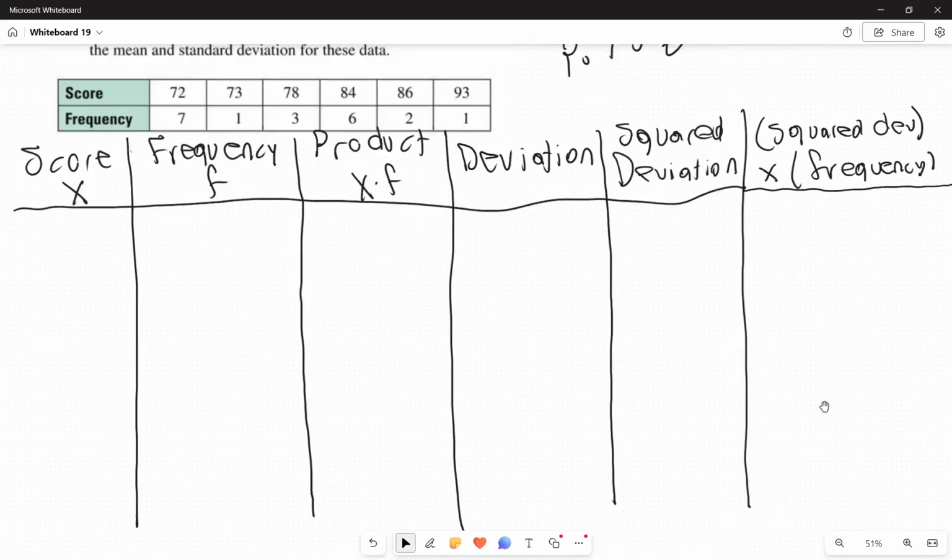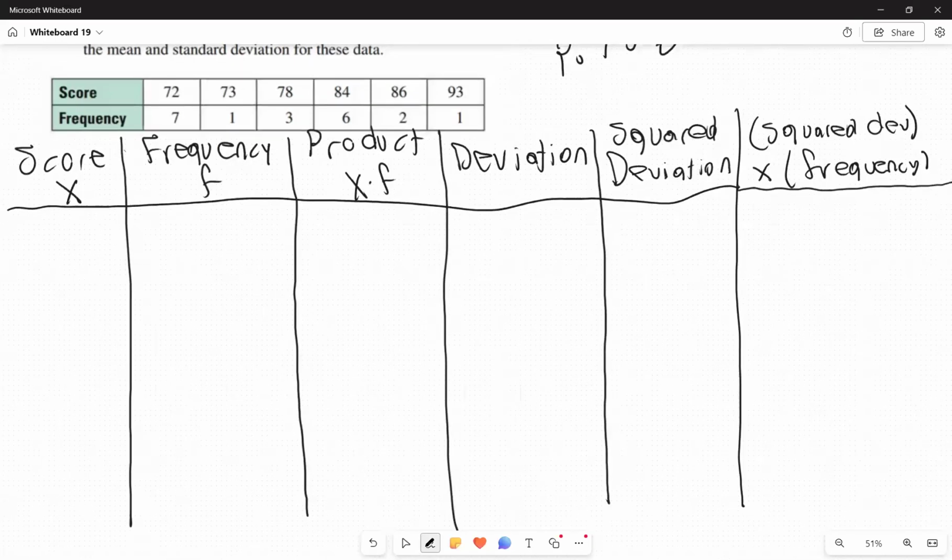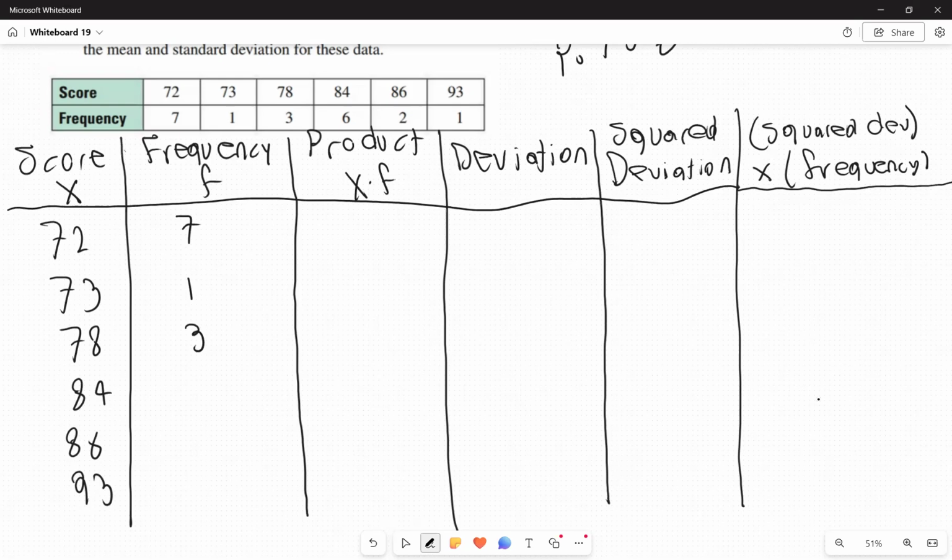The scores and the frequencies are given information.